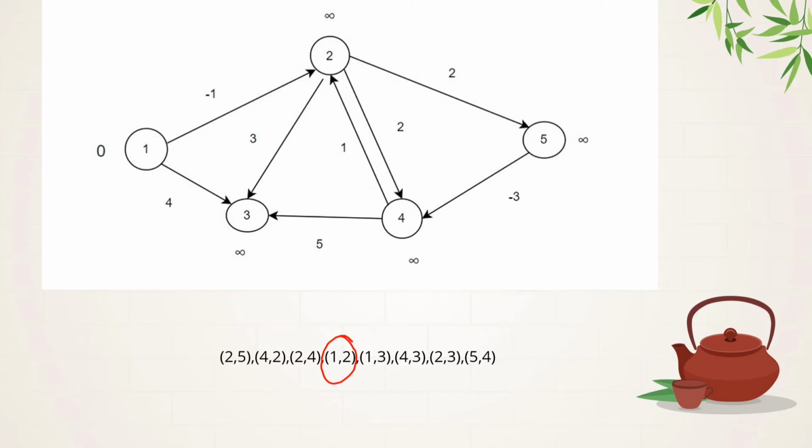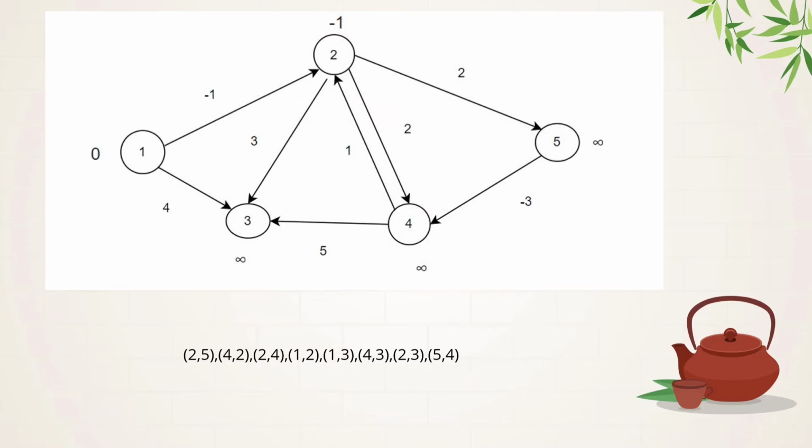Now (1,2), 0 minus 1 is less than infinity, so we change this infinity to minus 1. (1,3), 0 plus 4 is less than infinity, so change this to 4.